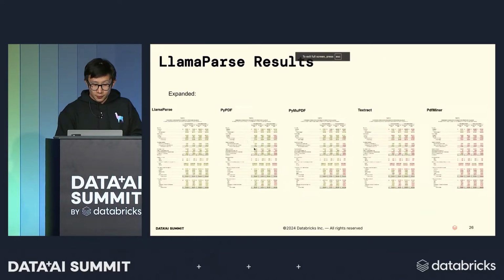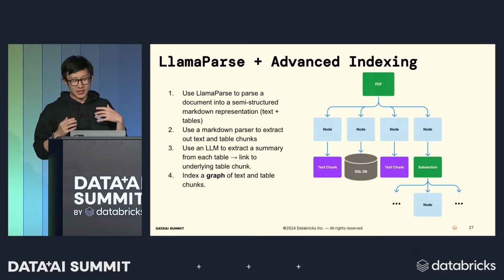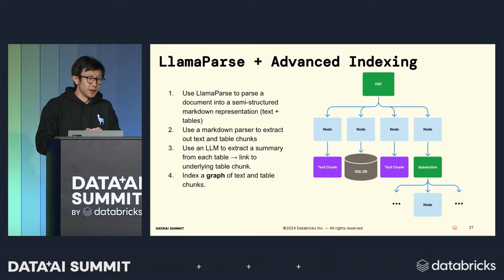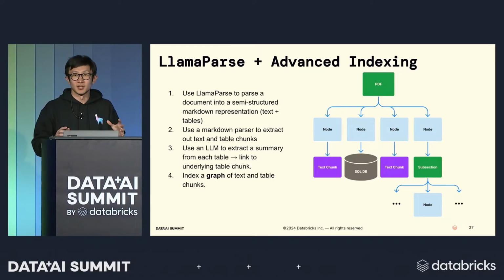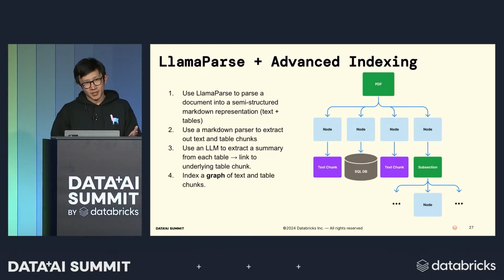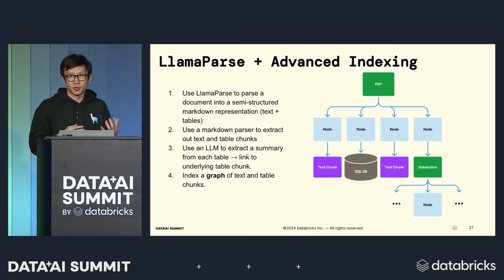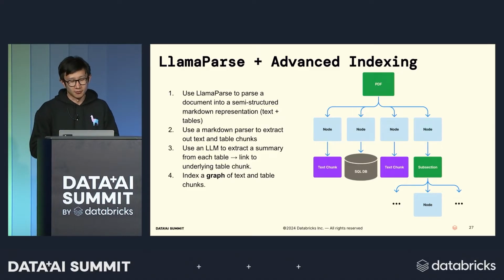So the first piece that I want to convey is that LlamaParse on its own is actually a decent baseline, even if you don't do advanced indexing and retrieval, right? But once you combine key capabilities of LlamaParse document parsing, or in general a good document parser, whether you use us or other providers, you should combine advanced parsing with advanced indexing and retrieval to build a performant RAG pipeline.